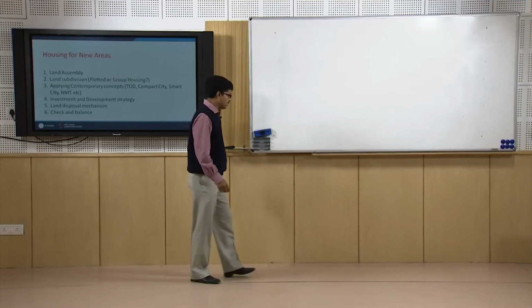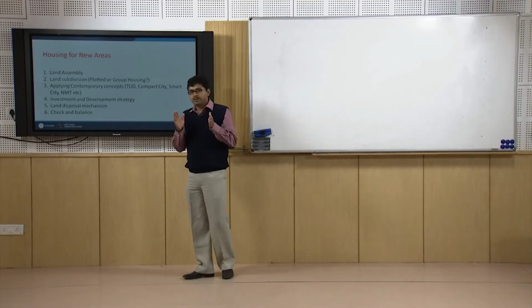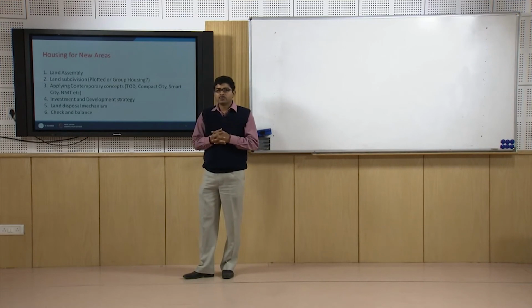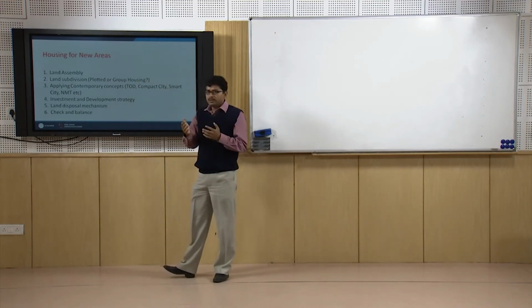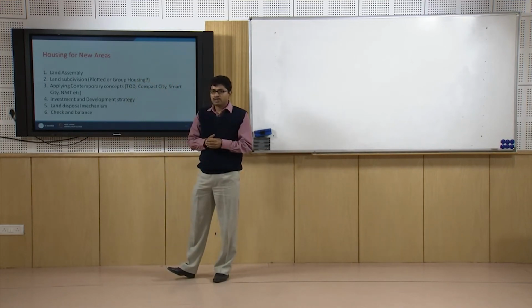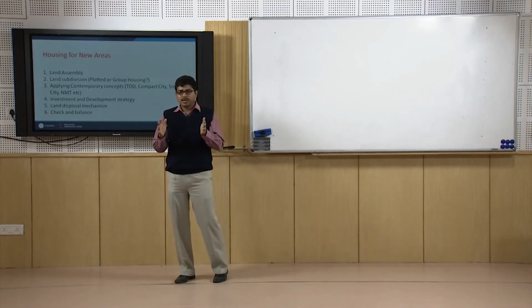Land subdivision is an exercise where we subdivide the land with the concept of group housing and plotted housing. There could be bigger land, smaller land parcels or medium land parcels, but the land pockets, or the size of the land plots, are very important.